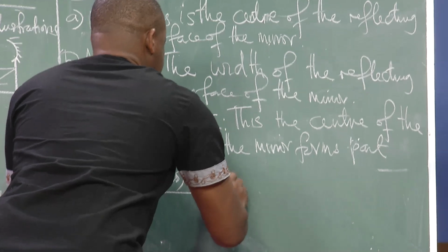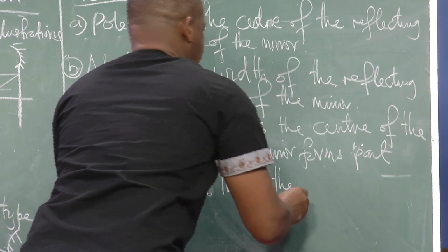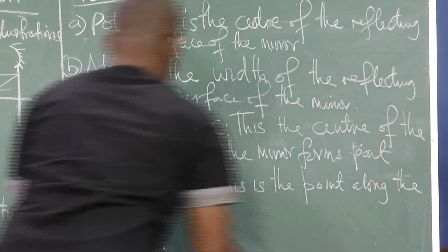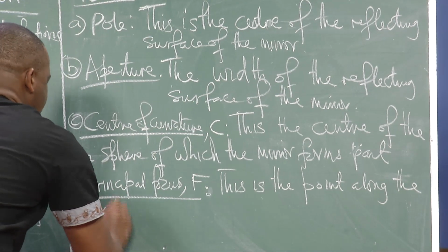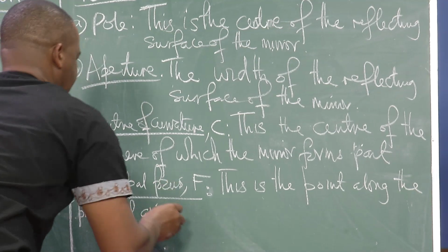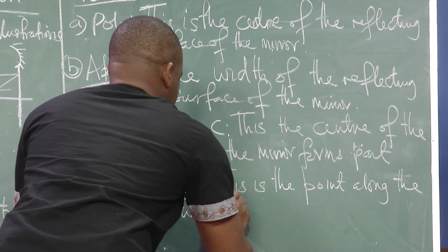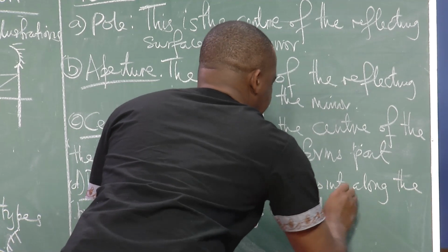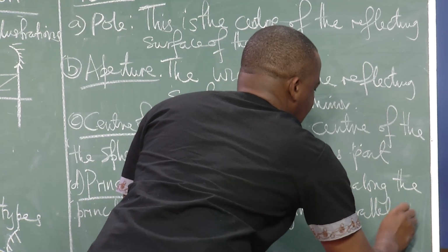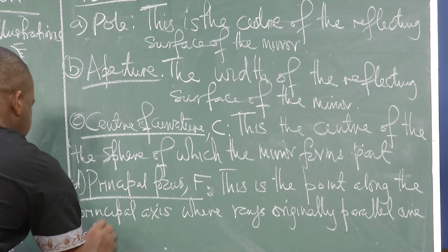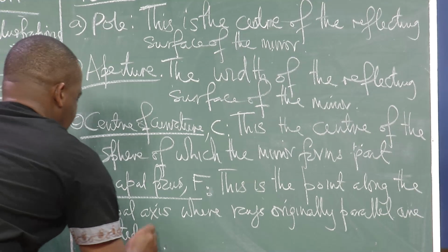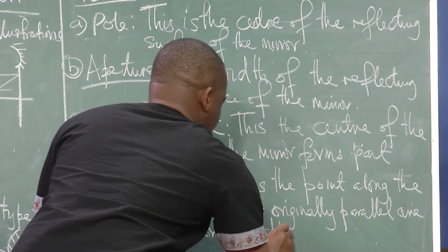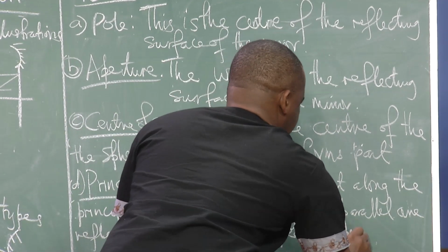And we can say that this is the point along the principal axis where rays originally parallel are reflected to pass or to appear to come from.